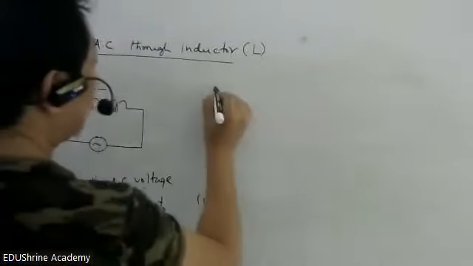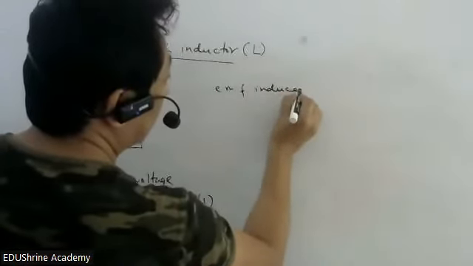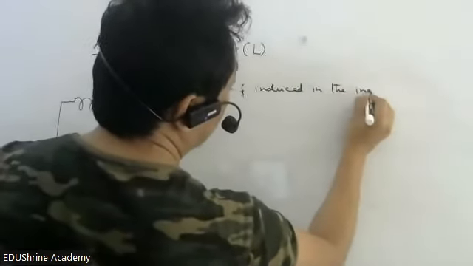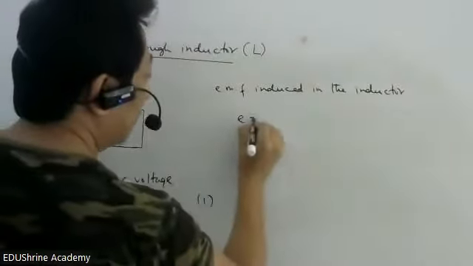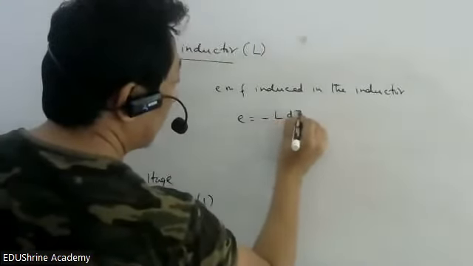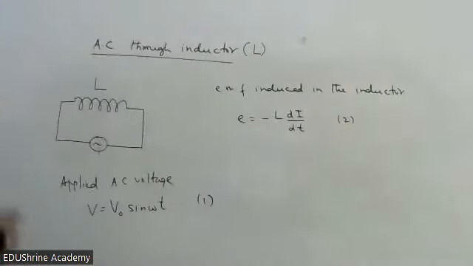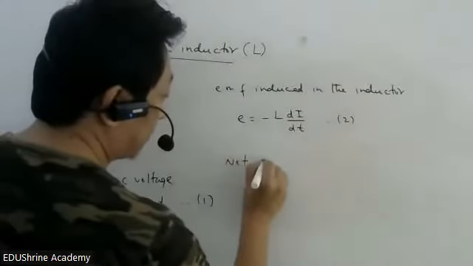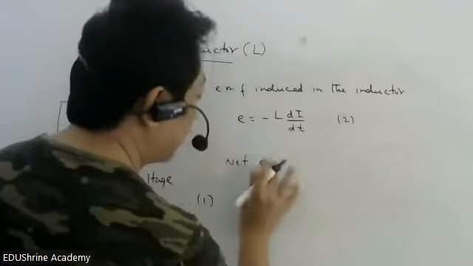So the EMF induced in the inductor, what will it be? Small e equals minus L di by dt. Okay. So what will be the net voltage? Net voltage in the circuit, or net EMF, let me write.